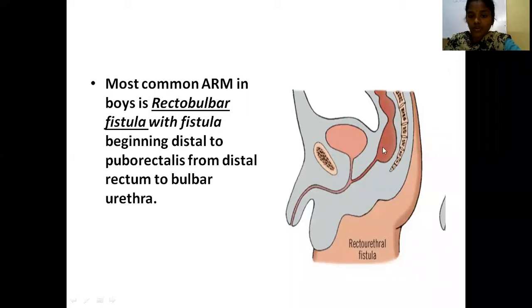In this picture, you can appreciate this. This is the colon, like the sigmoid colon, and this is the rectum, which is communicating with the bulbar urethra. This is the bladder, this is the prostatic urethra, the bulbar urethra. So there's a communication, that is the rectobulbar urethral fistula, which is the most common type of anorectal malformation in males.